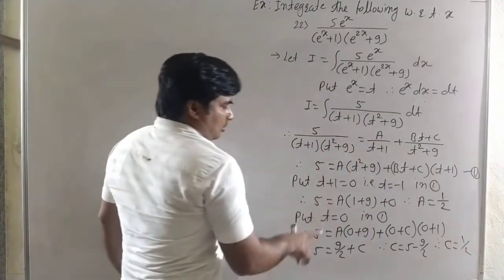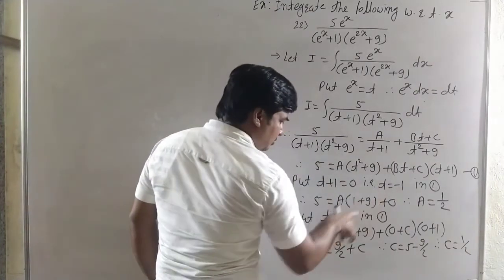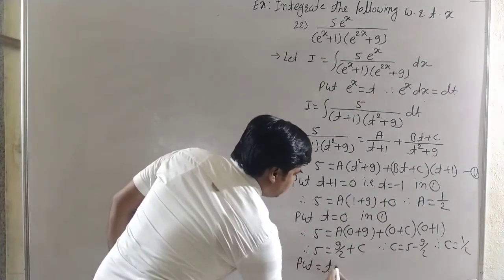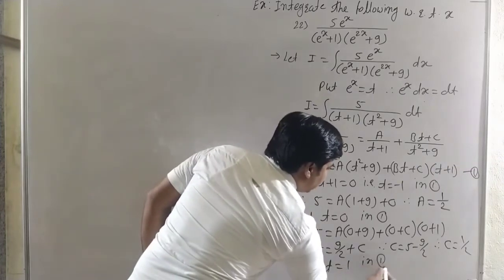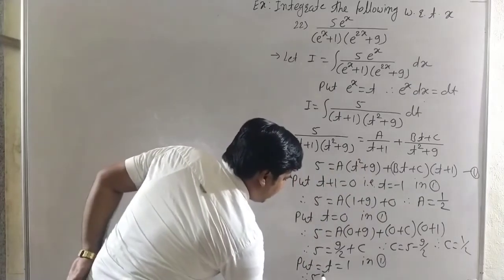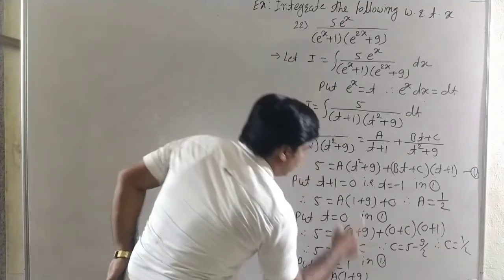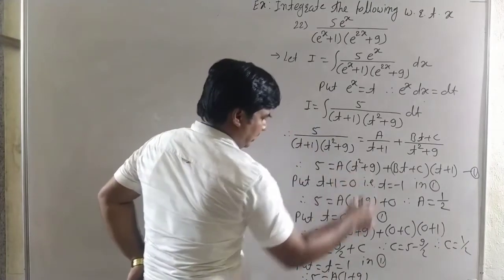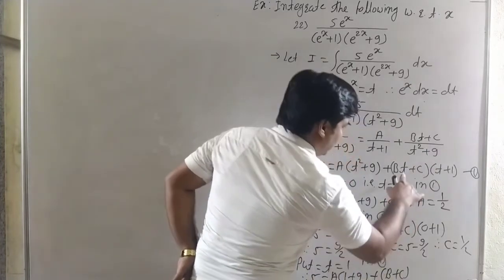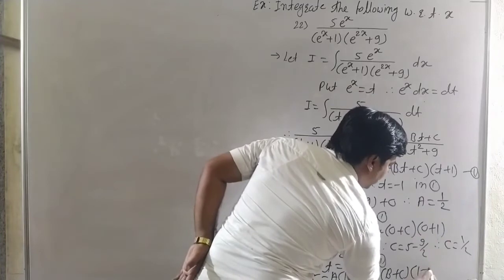Now finding the value of b, we put t is equal to any real number other than -1 and 0. So here we put t is equal to 1 in equation number 1. Now in this equation, 5 is equal to a into 1 plus 9, since t is equal to 1, plus b plus c, into 1 plus 1.